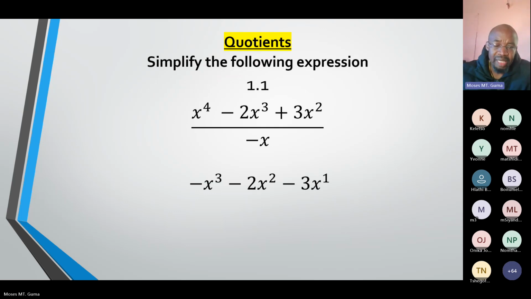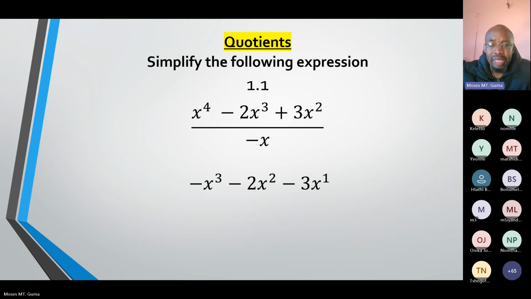What is a quotient now? A quotient is any number that we get when we are dividing. I repeat again, when I divide, my answer is known as a quotient. Now, surely here, what am I going to be doing?